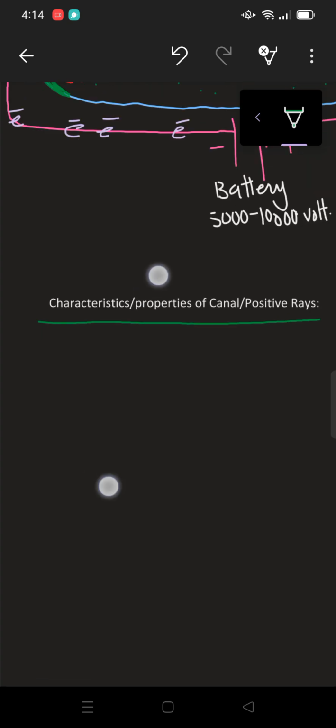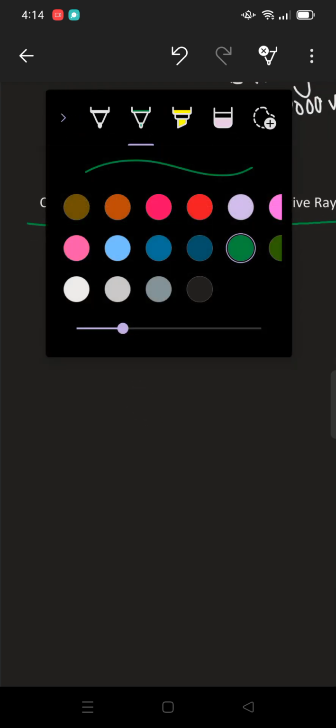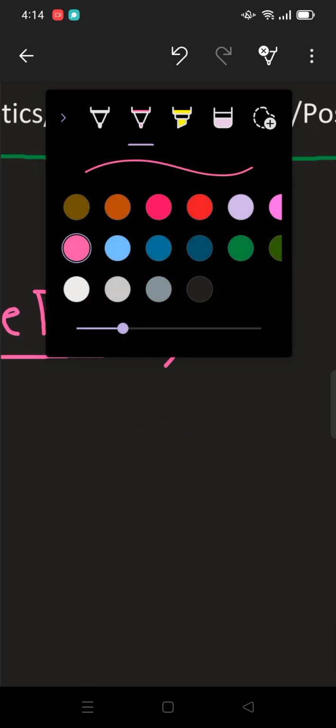Initially we are going to identify the charge of the positive rays. So we know that the charge will be determined by the electric field, right? For example, I have this positive ray, which I have made pass through the electric field.